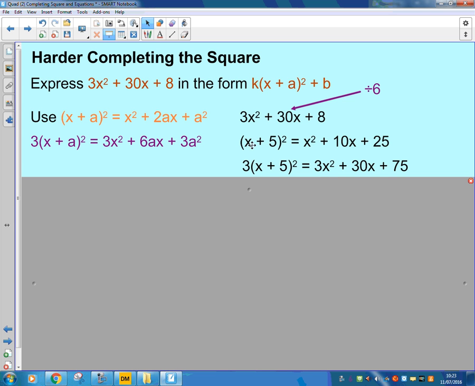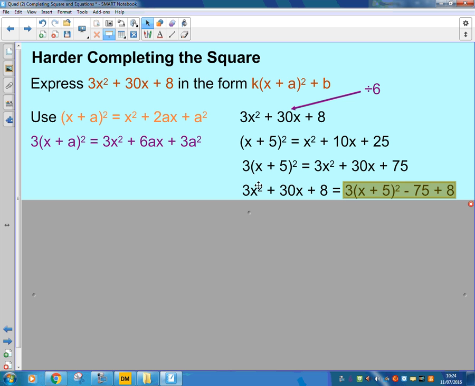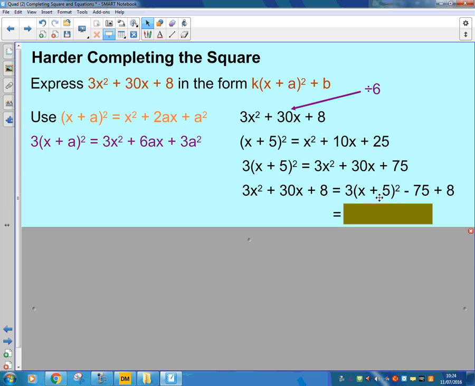So you divide by 6, get the x plus 5 all squared there, expand it, and then do 3 times it. And now we can say, well, 3x squared plus 30x plus 8 must be, well, 3x squared plus 30x is this take away 75, so it's going to be 3 brackets x plus 5 all squared take away 75, and then I've got plus 8, so it's add 8. So my answer is going to be 3 brackets x plus 5 all squared minus 67.